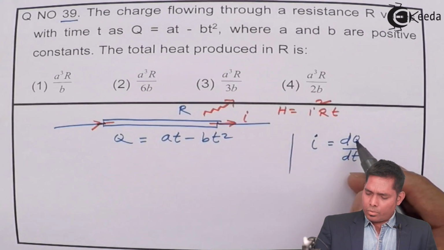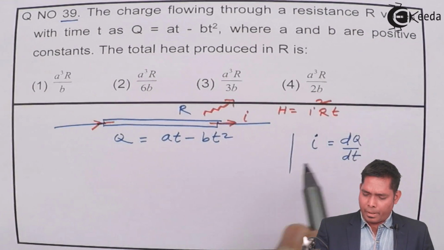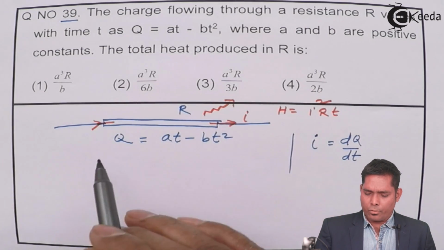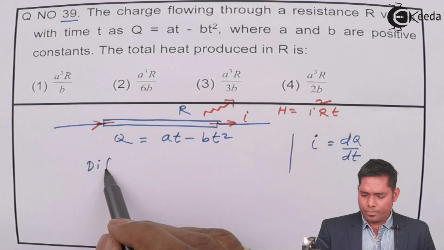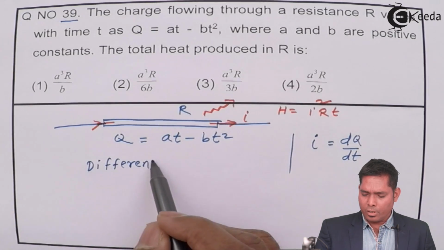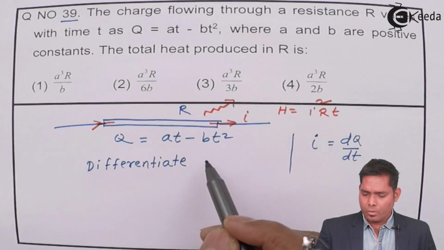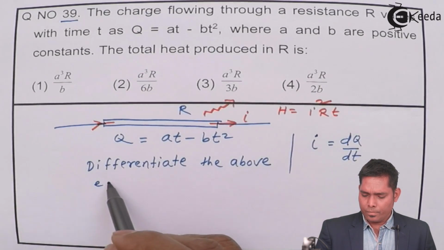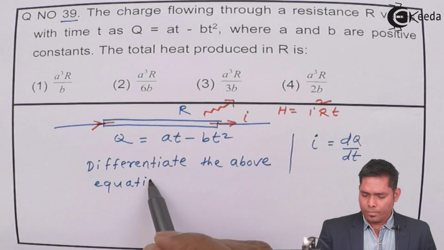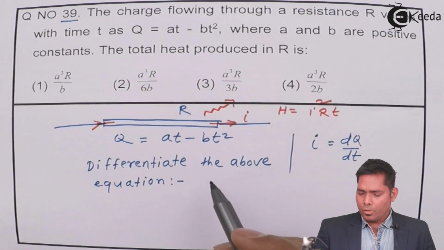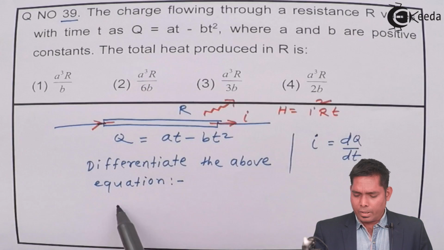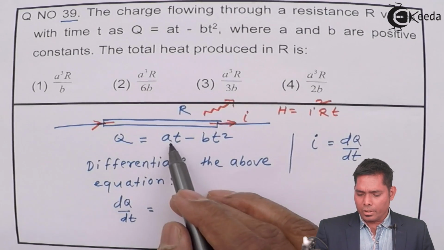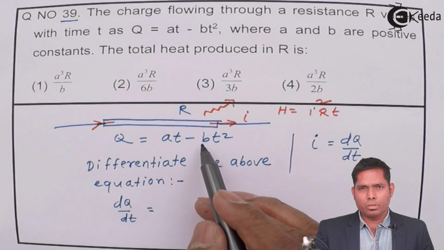Now, that means if I differentiate this equation, then I'll get I. So differentiating the above equation with respect to time, we'll get dq over dt, the derivative of these two terms with respect to time.